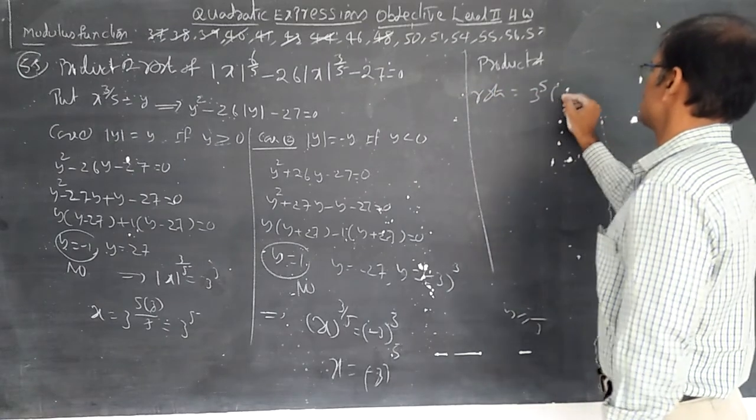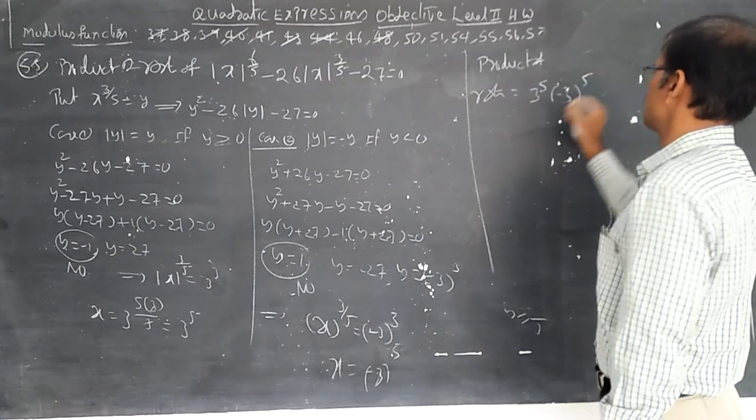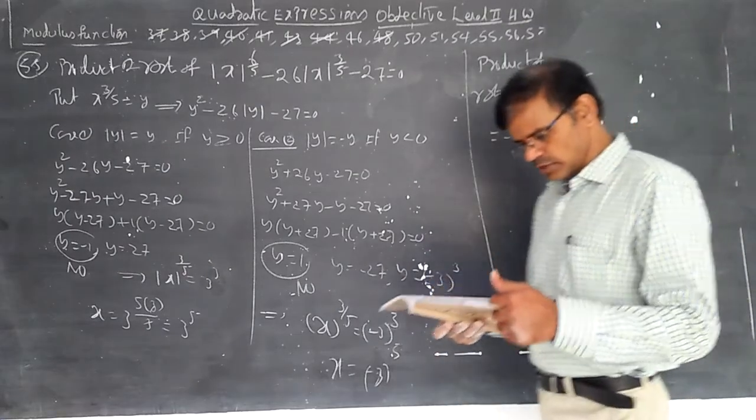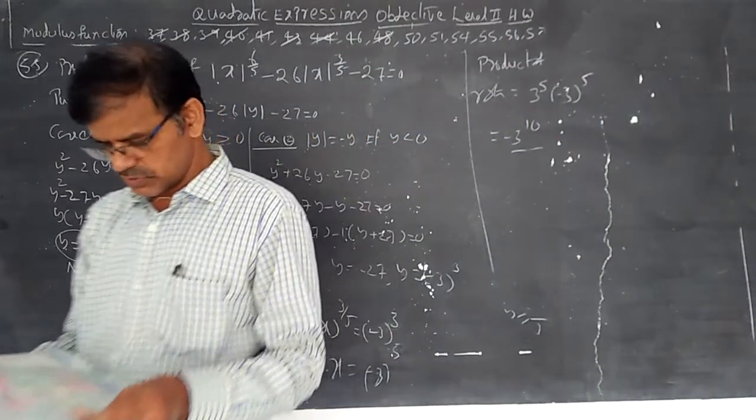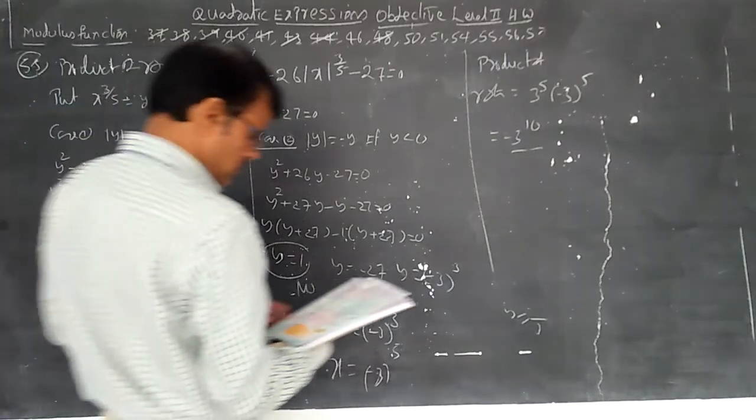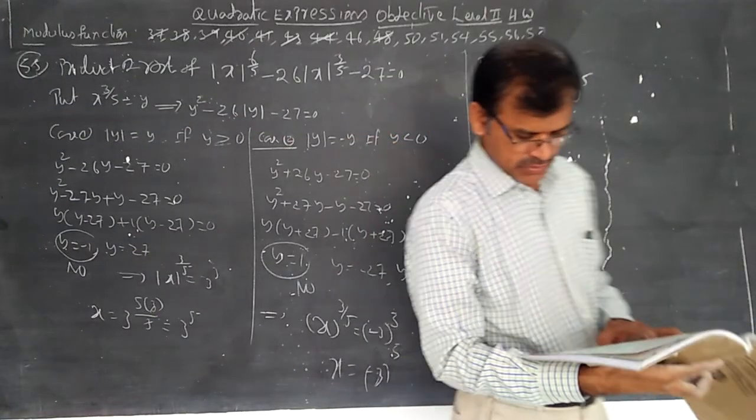Product of roots is 3 power 5 into minus 3 whole power 5. That is equal to minus 3 whole power 10. We should write: product of roots of this equation is minus 3 whole power 10. It is the first option. Here product of roots became minus 3 whole power 10, the first option.